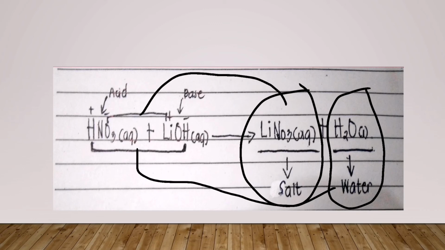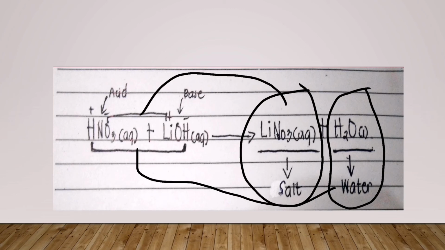So always remember that in writing chemical formulas, the positive should come first and the negative one next. So the positive here is the lithium. Then NO3, or the nitrate, will be next because it's the negative ion.